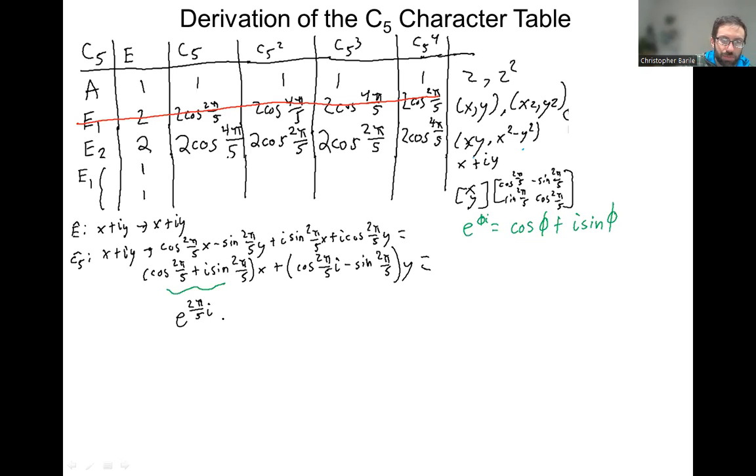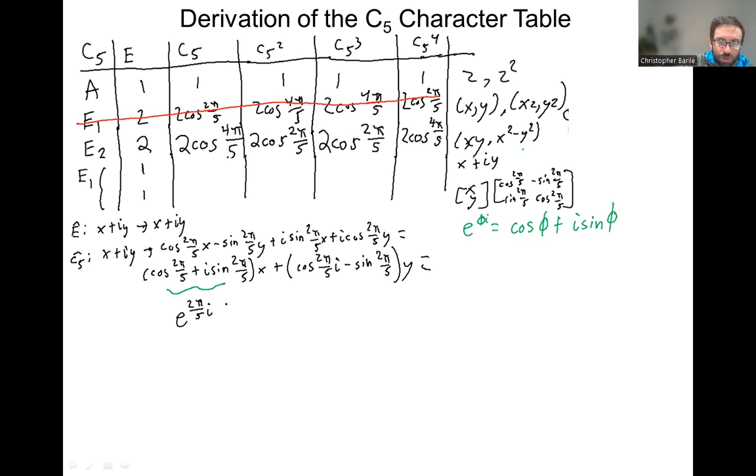And so the question is, is this something that we can simplify? Is it possible that this value is actually what is being factored out here? And it turns out the answer is yes.